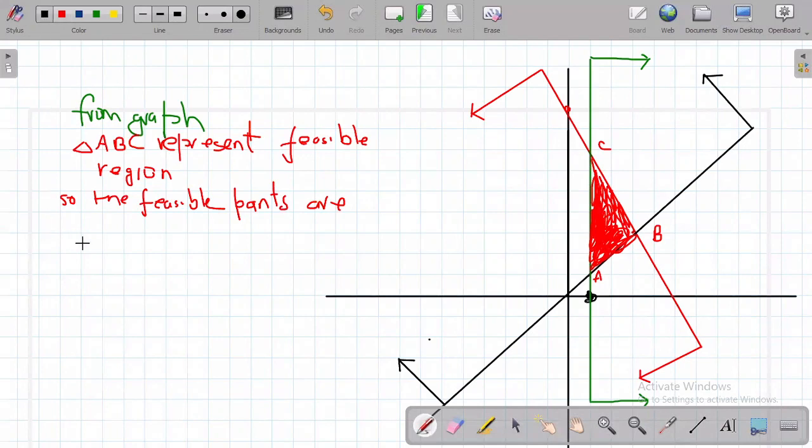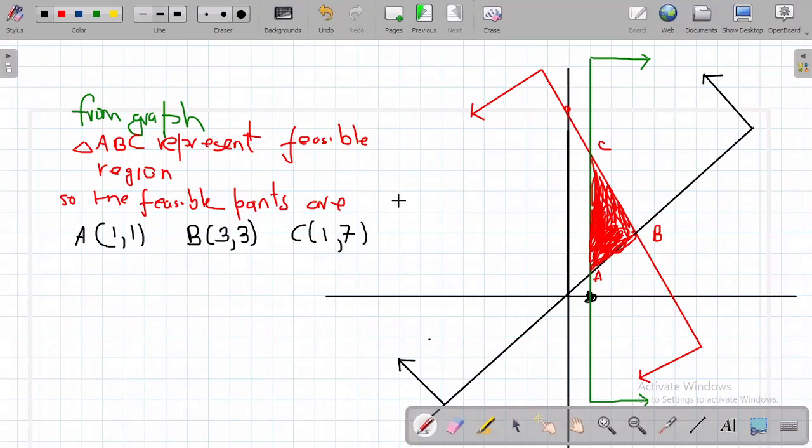Let me write the coordinates of A. Coordinates of A are (1, 1). The coordinates of B are (3, 3). And the coordinates of C are how much? (1, 7). So these are the feasible points which we have found.